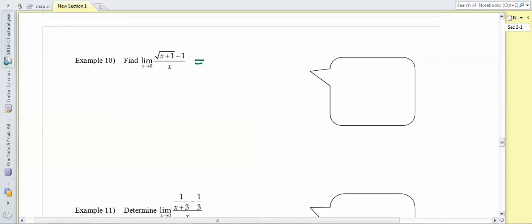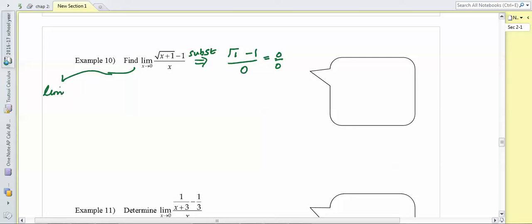If I substitute straight away, x is 0, I get root 1 minus 1 over 0, and alas, that's going to give me 0 over 0, which is indeterminate. Remember that this doesn't mean that the limit doesn't exist, it just means that substitution doesn't work.